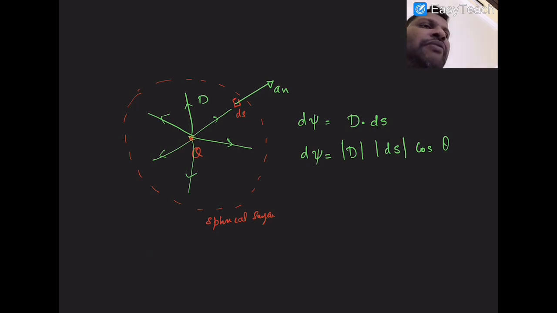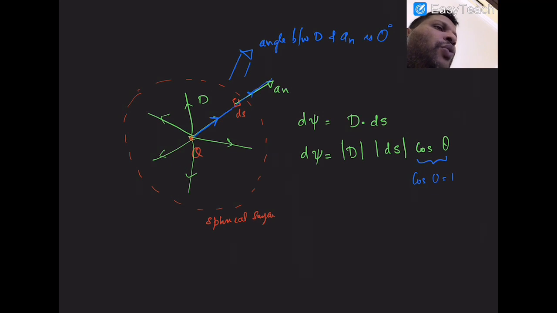What is the cosine of the angle between them? Let us consider this flux which is coming through this. The angle between D and an is 0 degrees, so this will be cosine of 0, which is equal to 1.